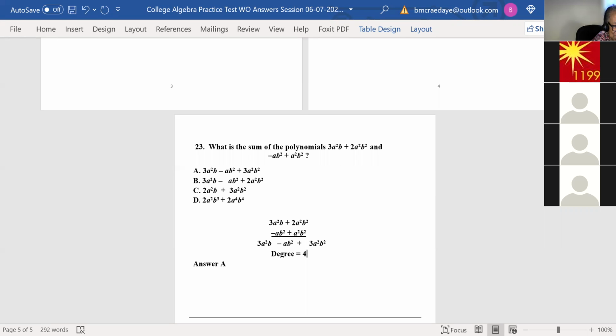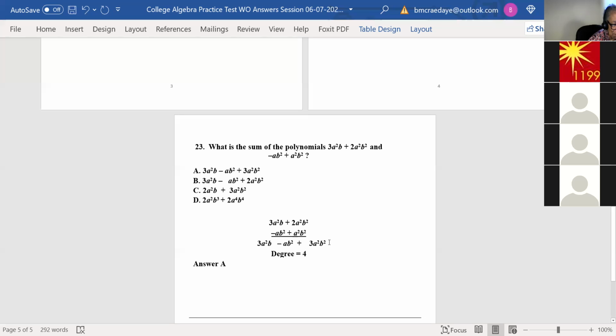I said it because you see the 3 at the beginning of the 3a squared b. And what's the next term? That's a 3, right? When you add up these powers here, what do you get? ab squared, what's the sum of the powers on this ab squared? It's 3.